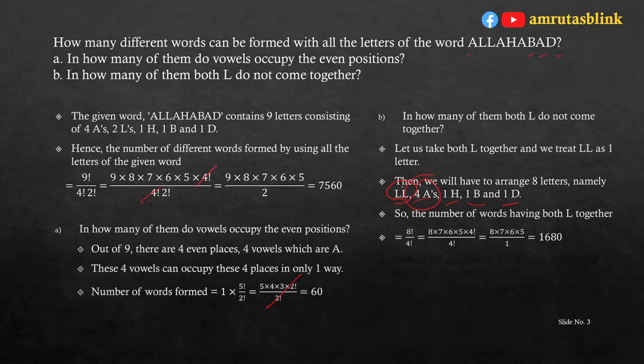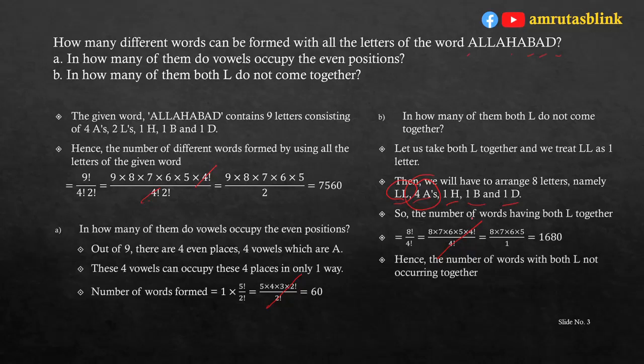So ultimately the number of words is 8 factorial upon 4 factorial, that is 8 into 7 into 6 into 5 into 4 factorial divided by 4 factorial. Again this 4 factorial gets cancelled. So 8 into 7 into 6 into 5 is equal to 1680. So there are 1680 words in which both L are together.